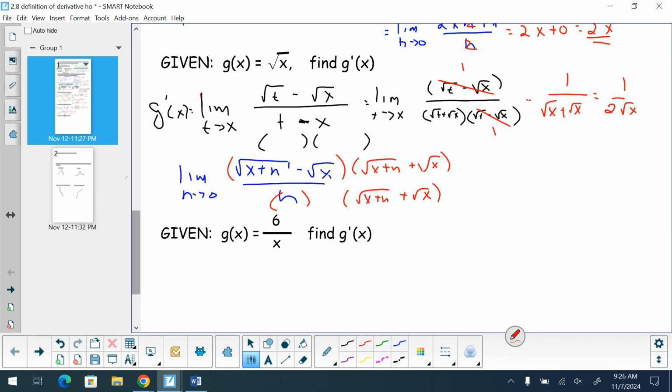But it is doable. Because these will cancel out, we have x plus h minus x, and then on the bottom we have h times square root of x plus h plus square root of x.